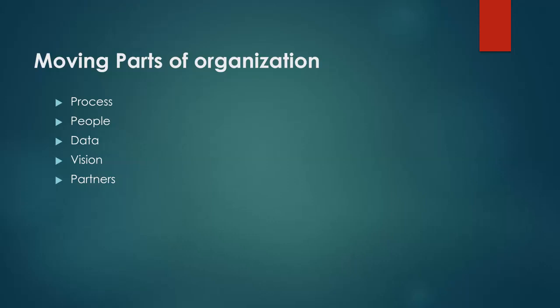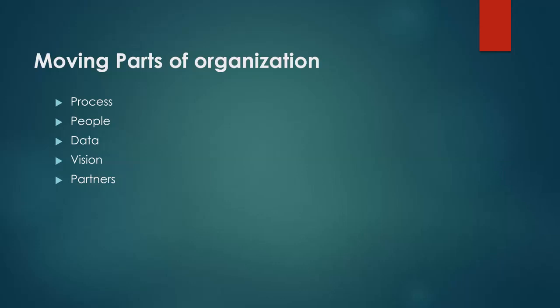The process is an interrelated set of activities that is aligned in a very condensed manner to execute the business function. Those are the process. The people happen to be the internal resource that actually utilizes a process.